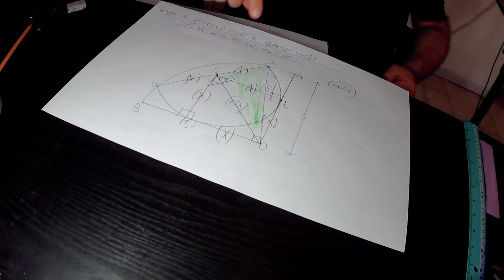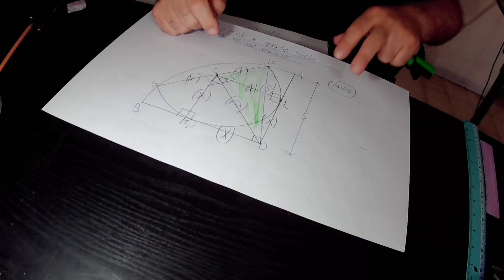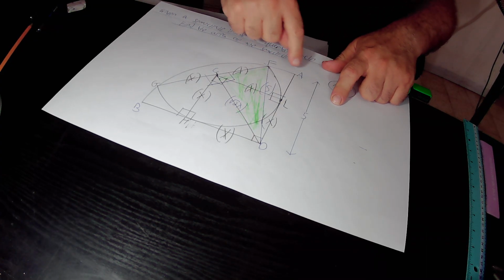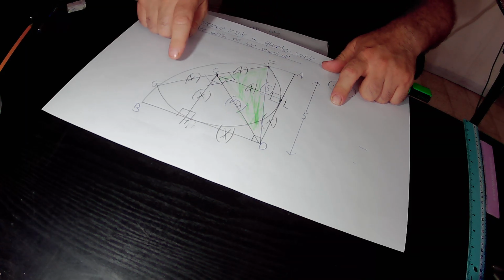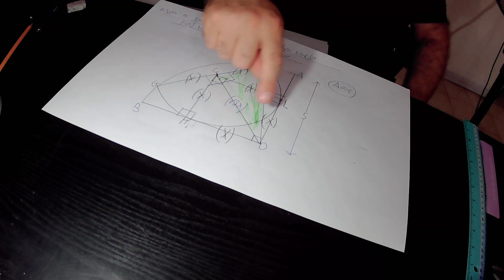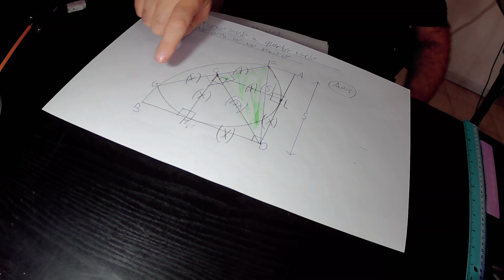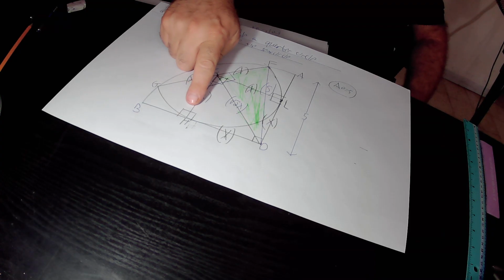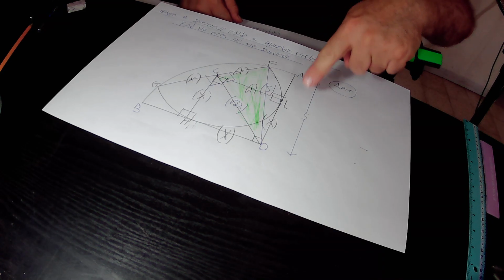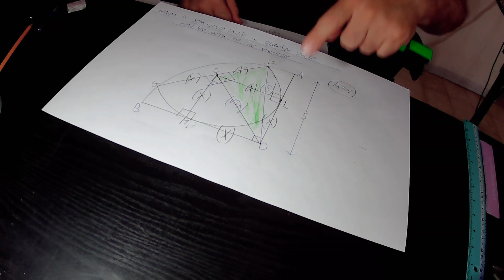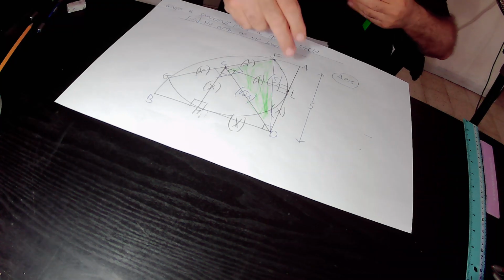So first of all, we define the center of this semicircle as point C. And we define the touching point of this quarter circle with this semicircle as point F. Likewise, we define this touching point between this semicircle and this quarter circle as point G. Likewise, we define the point of tangency of tangent BO with this semicircle as point H. And finally, we define the point of tangency of tangent AO with this semicircle as point L. Actually, we define the radius of this semicircle as x.